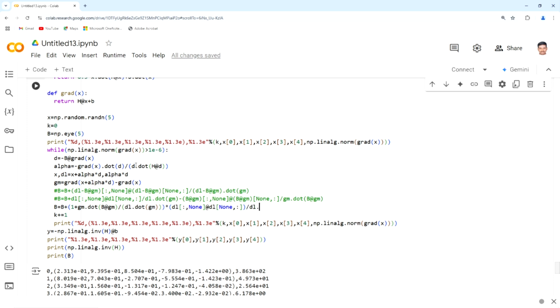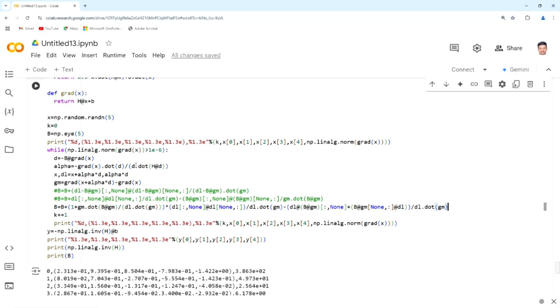By again delta dot gamma, and the numerator is the sum of two matrices: delta outer B gamma plus B gamma outer delta, by delta dot gamma.